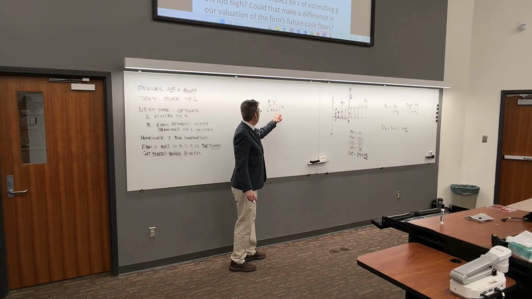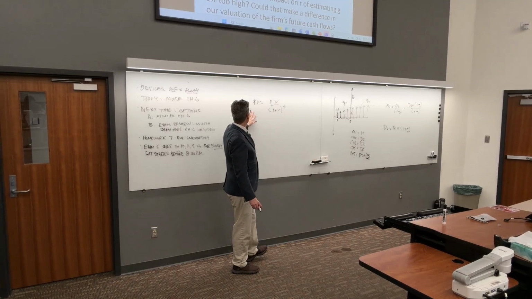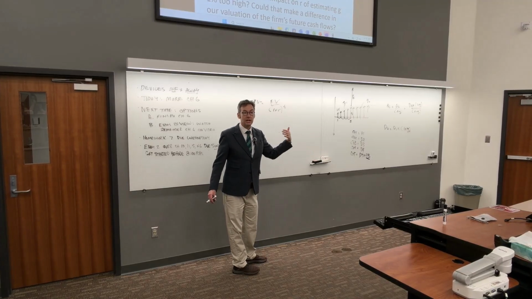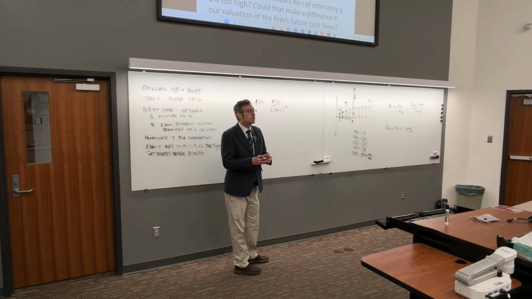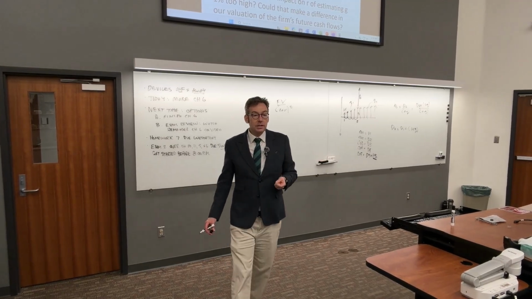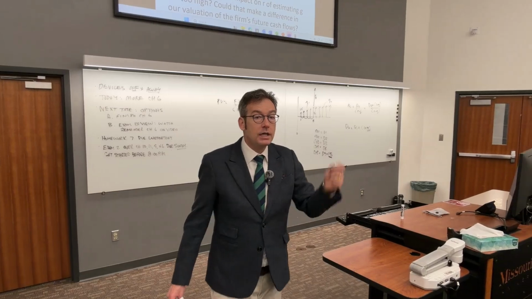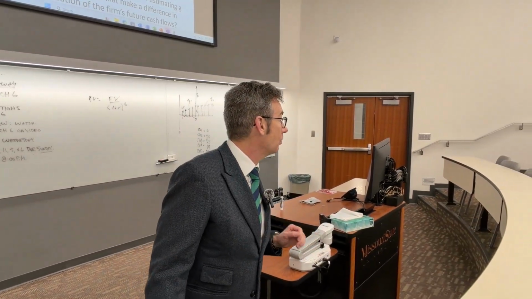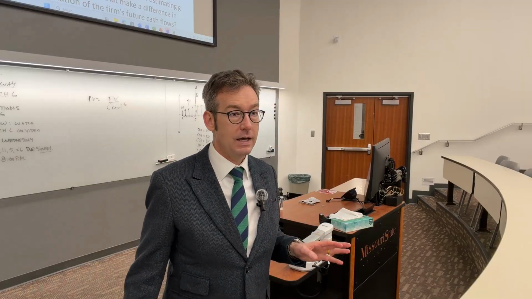And by the way, we're getting around to NPV. What I'm going to do is sum up all these present values and subtract out the initial investment. That's going to give us our net present value. And we make decisions on investing based on net present value. If it's greater than 0, we invest. If it's 0 or below, we do not invest.